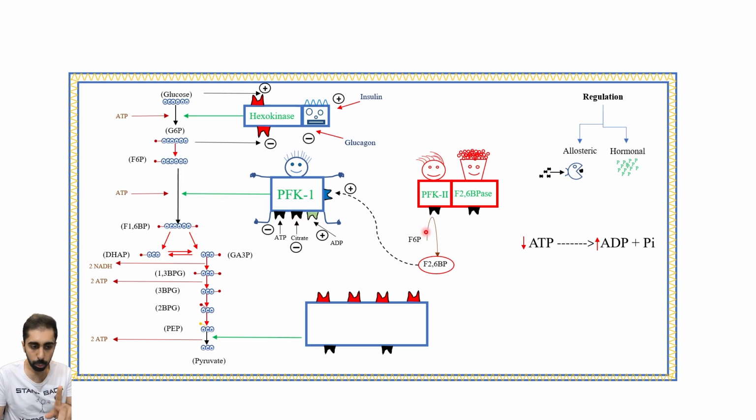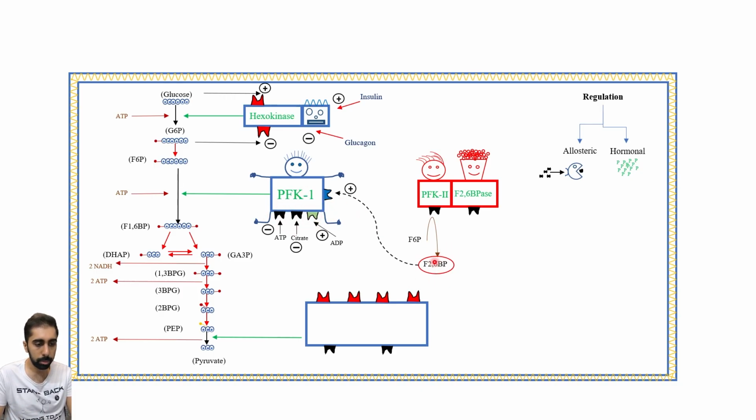By turning into fructose 2,6-bisphosphate using PFK2, and fructose 2,6-bisphosphate stimulates PFK1. But we cannot keep fructose 2,6-bisphosphate in our body forever and continue to stimulate PFK1 forever.